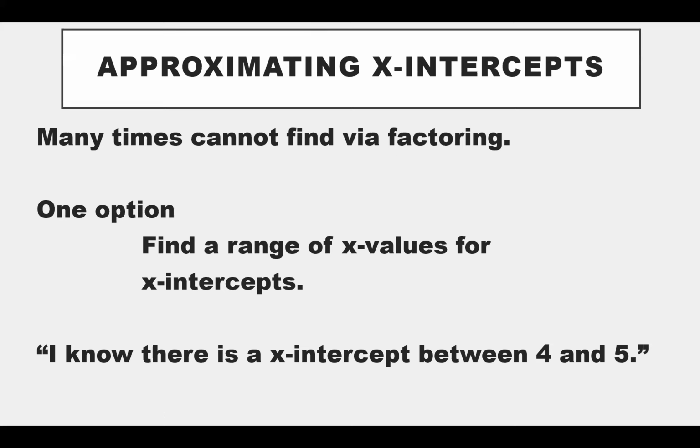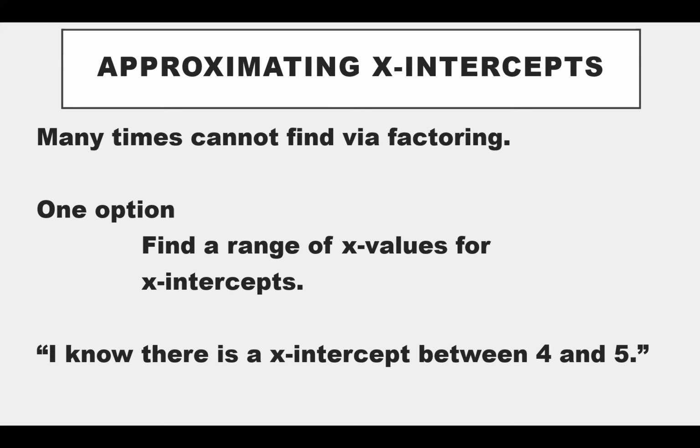Now, many times we cannot find x-intercepts by factoring. We're going to look at some other methods later on for finding x-intercepts without using factoring. But in this section, we'll look at one other option. We'll find a range of x values for where the x-intercepts are close.